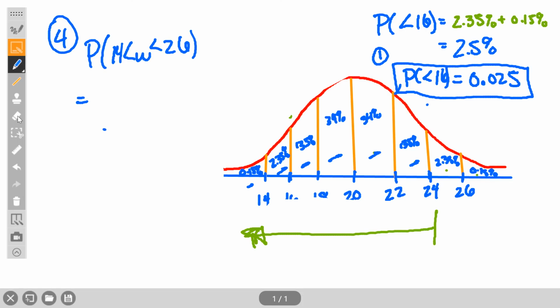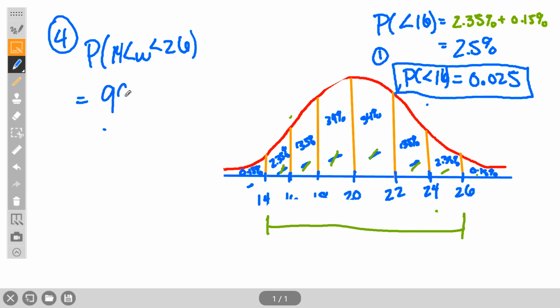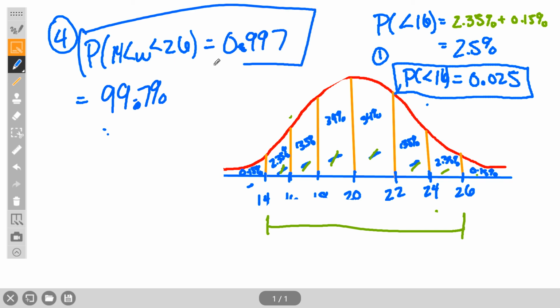That would be the probabilities between here and here. This one, this one, this one, this one, this one, and this one. However, that's 3 standard deviations below, 3 standard deviations above. I actually already know the percentage because of the empirical rule. It's 99.7%. Turning that into a probability, 0.997. So the probability that the weight is between 14 and 26 is 0.997.